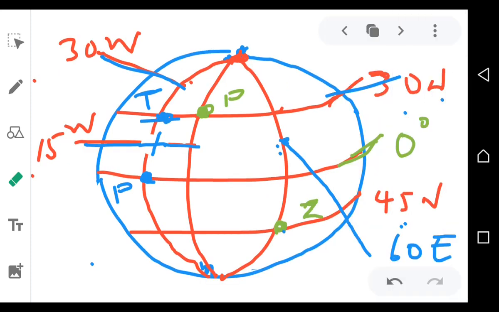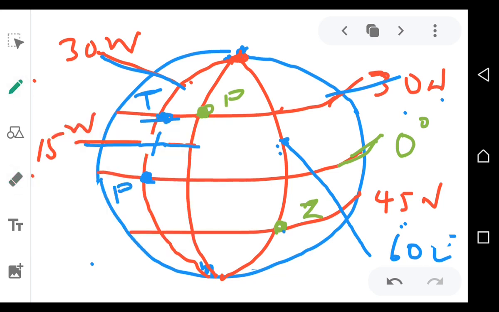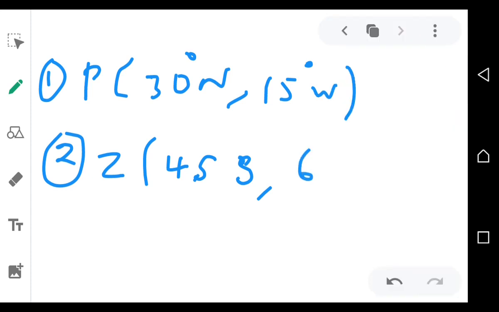It's lying on 60 degrees east. So along this axis, it is on 60. Closed. We are done with Z.